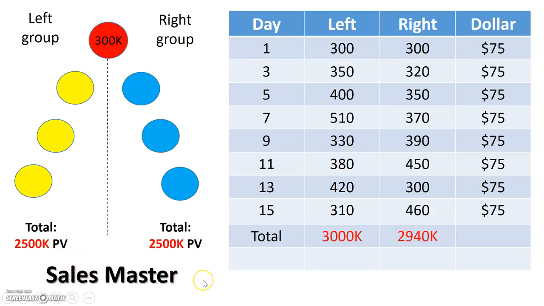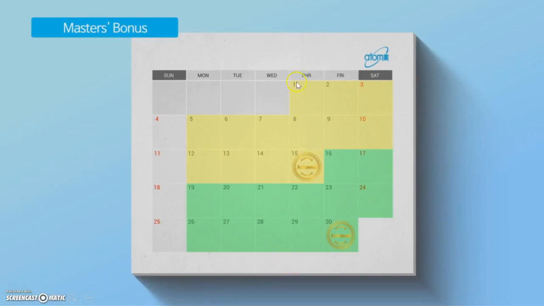That means you get your title of sales master. This sales master bonus is calculated for every 15 days. Every 15 days there's one calculation. So on 1st to 15th you can get one time. The 16th to 30th, if you hit the same sales, you get another time. If you don't hit, then you will not get the bonus. Only when you hit, then you will get the bonus every 15 days.